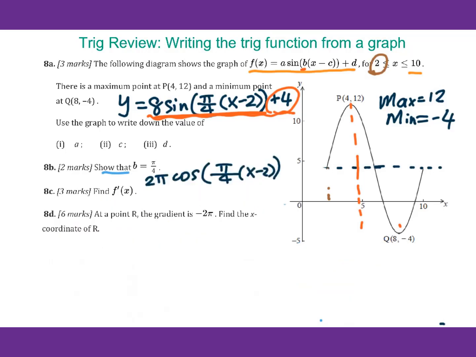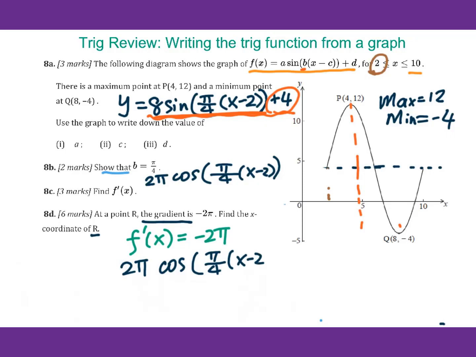Now let's go to 8d. At a point r, the gradient is negative 2 pi. Find the x coordinate of r. Gradient means derivative, so you will set up f prime of x equals negative 2 pi. So we have 2 pi cosine of pi over 4 x minus 2 equals negative 2 pi.